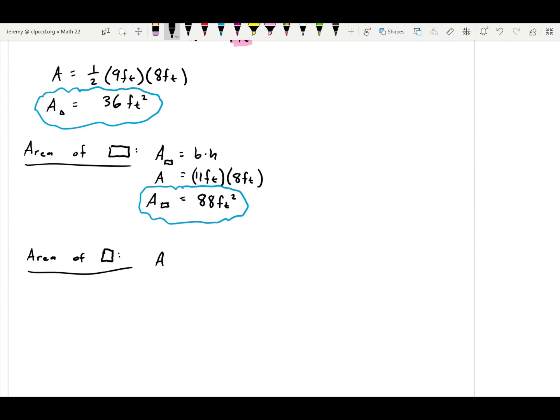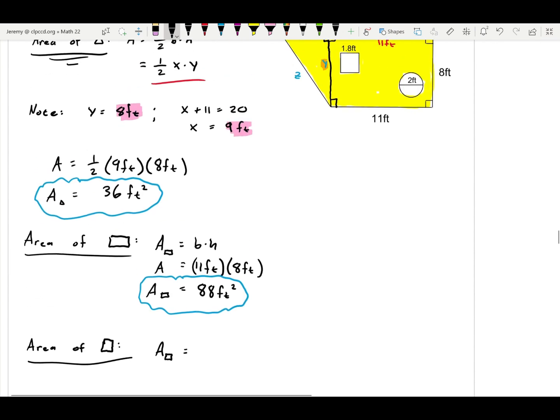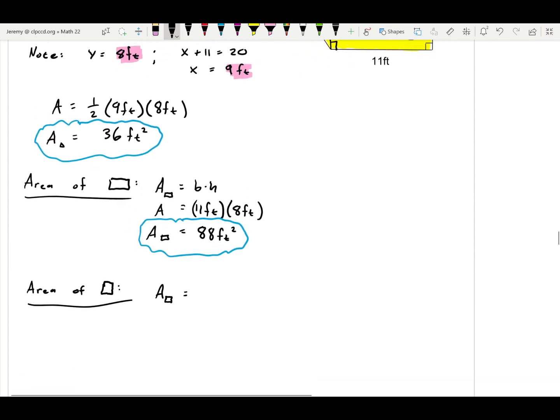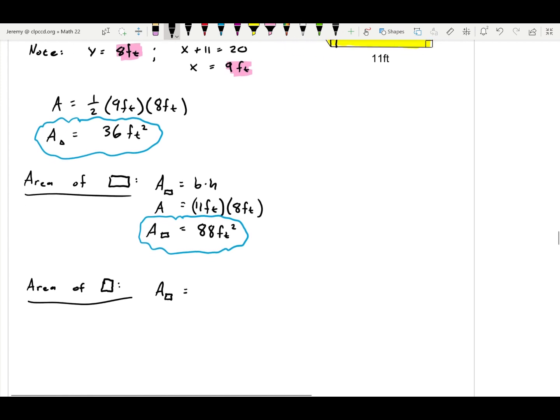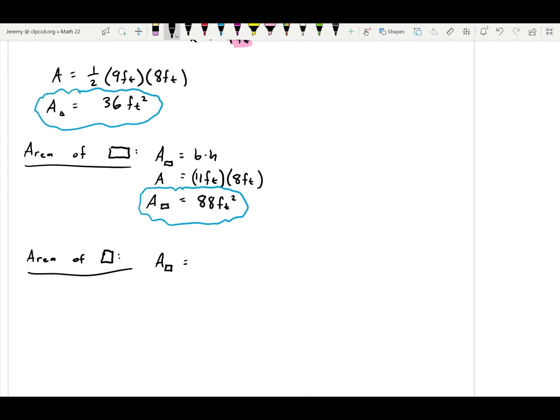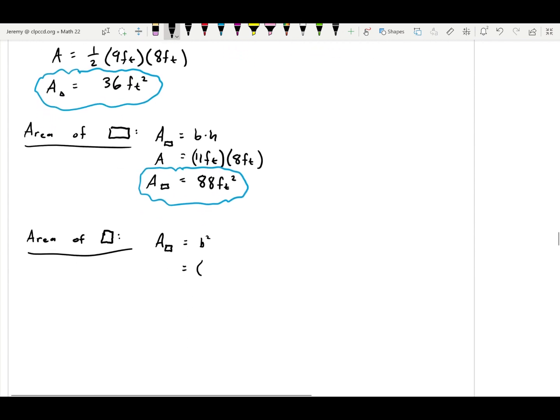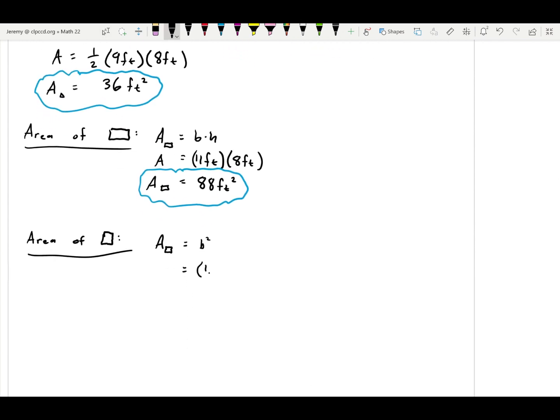Again, this is just a rectangle, except the base and height are equal. In this case, it's equal to 1.8 feet. So the area of a square is really just base squared, we could use. All right, and that value is 1.8 feet.